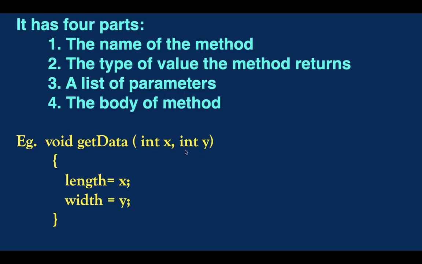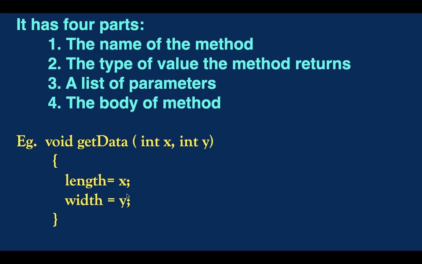Then a list of parameters. Here is the list of parameters. In this case, I have two parameters with the names x and y, and both are of integer type, separated by a comma. You can have any number of parameters: a single parameter, or two, or three, or four, of different types, according to the need and the situation. Finally comes the body of the method, within curly brackets open and close.